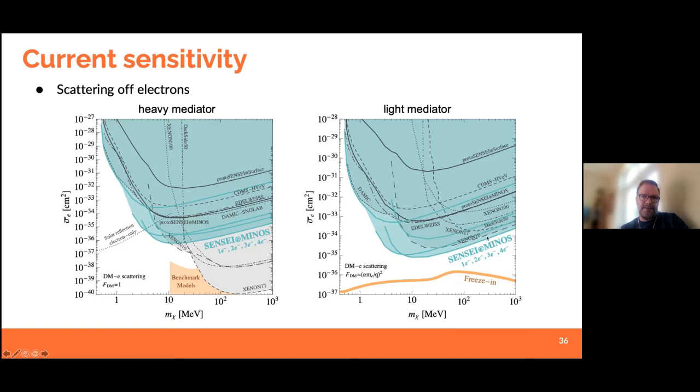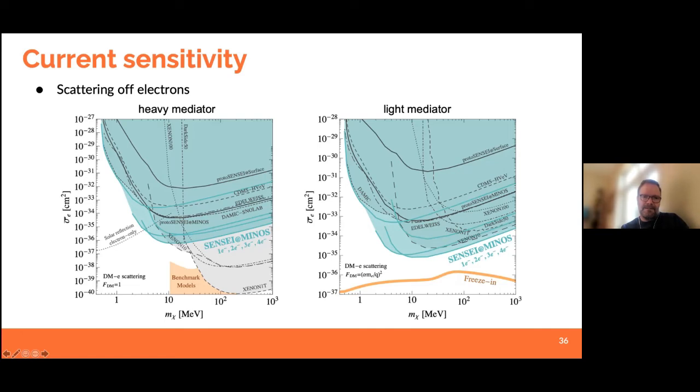The other experiments that I mentioned earlier, so the cryogenic detectors and also the liquid xenon, liquid argon, they have some sensitivity there, also using electron scattering. Depending on the process, the thresholds can be lower there as well, but nowhere near those in these dedicated experiments.